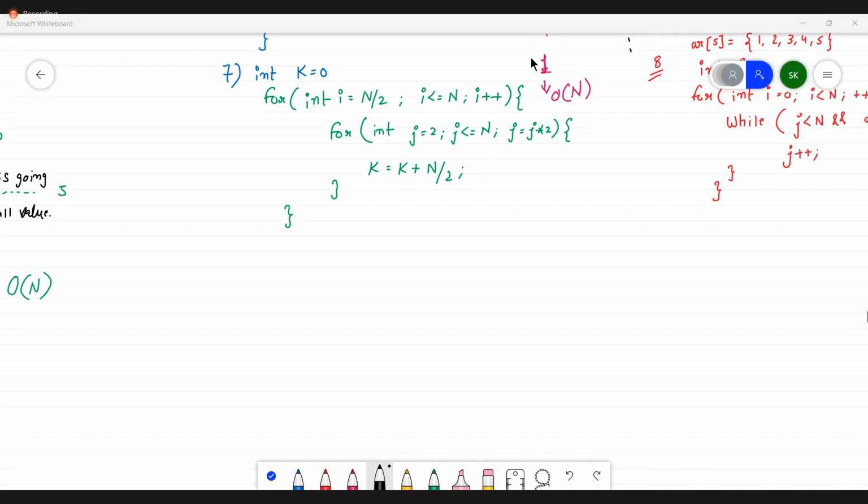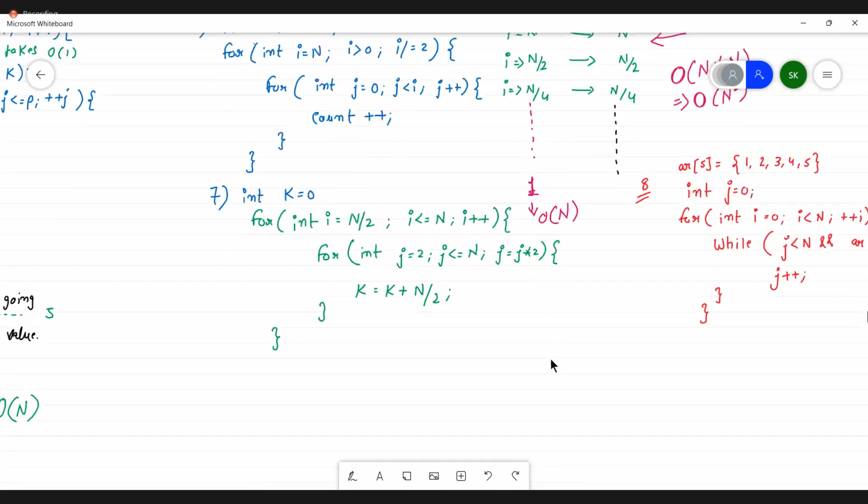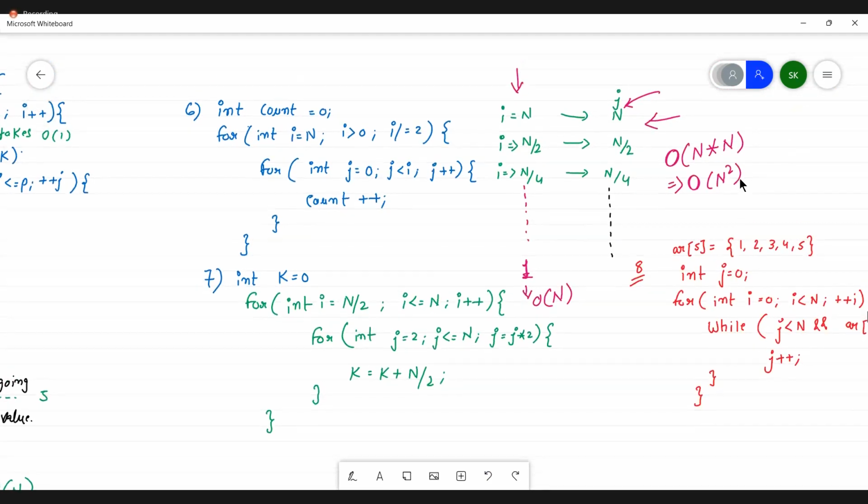What is the final answer of that question? The final answer is order of n square. Order of n square for the j loop? No, not for the j loop, Aman.